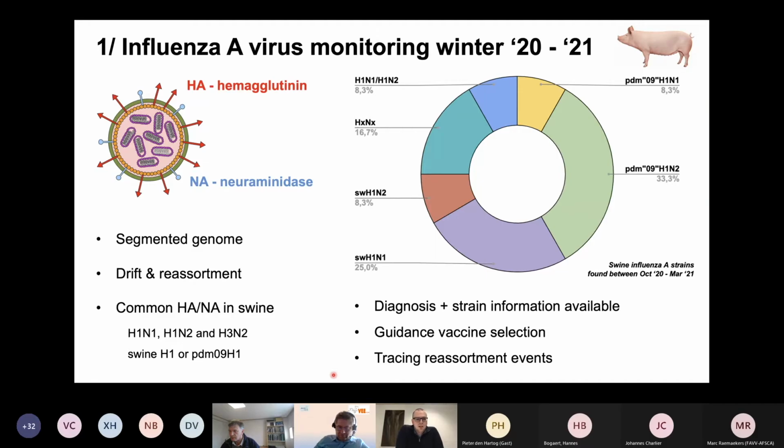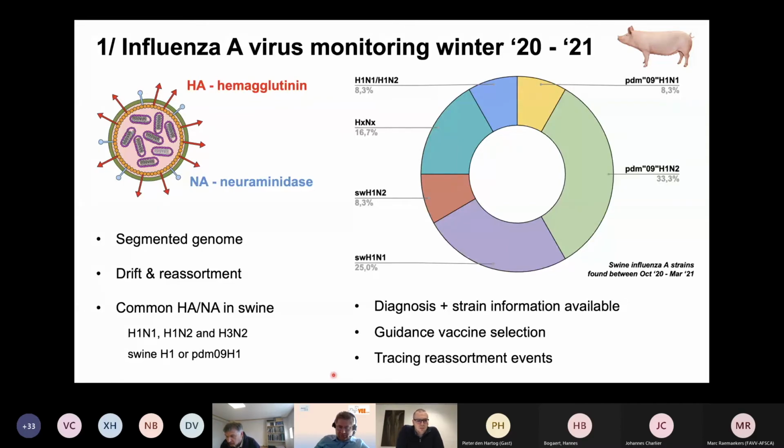The hemagglutinin and the neuraminidase are inducing the neutralizing antibodies, and so there is a continuous pressure of the immune system. And if you have different influenza virus strains infecting the cell or the host at the same time, you can have an exchange of the gene segments. So it is quite important to monitor this very closely.